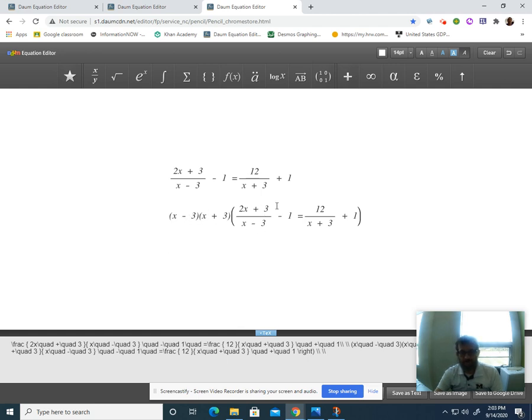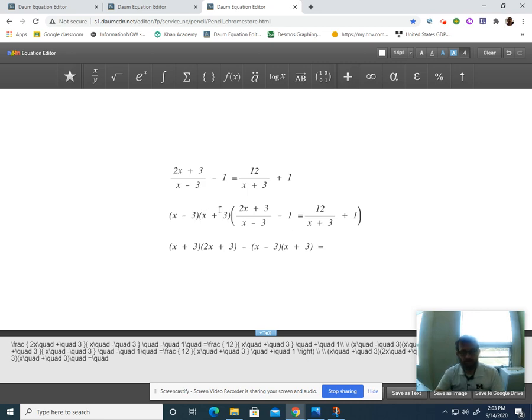Well, this gets multiplied by this, and the x minus 3's cancel, and you're left with x plus 3 times 2x plus 3 minus, well, I multiplied that by 1, I just get x minus 3. Anything times 1 is just itself.